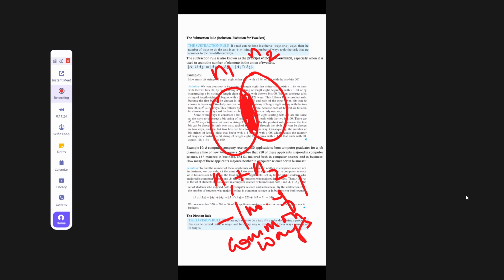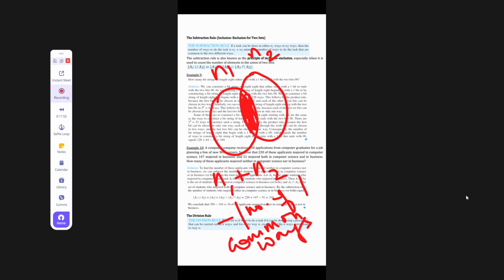This is basically very similar to what you've done in probability: P of A union B is P(A) plus P(B) minus P(A intersection B). So effectively, that arrives from this principle. So when our keyword is "or" and there are no common ways, then it is the addition rule. If there are common ways, then it is the subtraction rule.